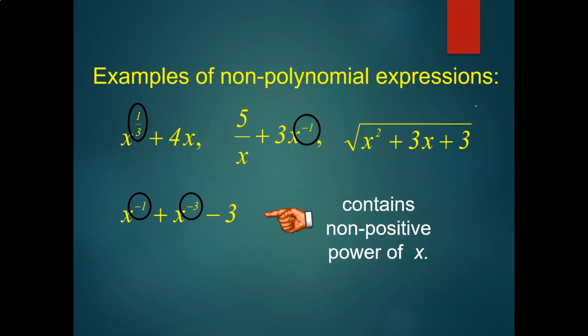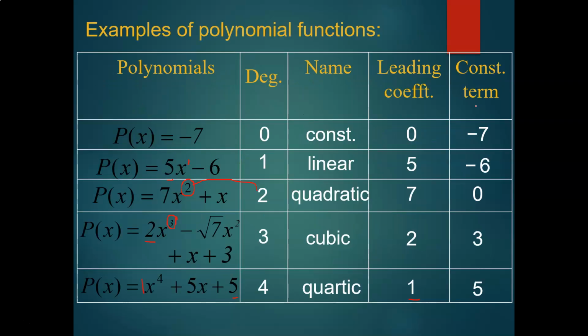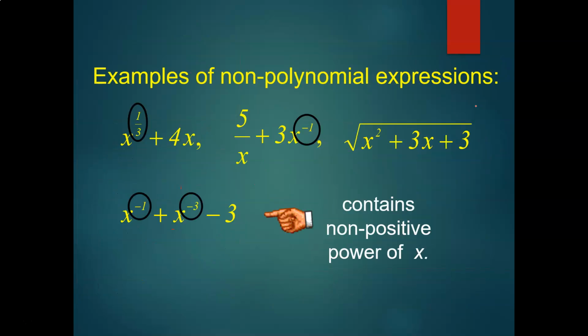Now we better move to the next examples. Okay, examples of non-polynomial expressions. Before this we have seen what a polynomial is. But how to differentiate whether this is polynomial or non-polynomial? It is easy to determine: we refer to the power.